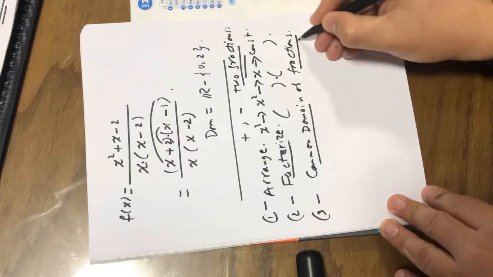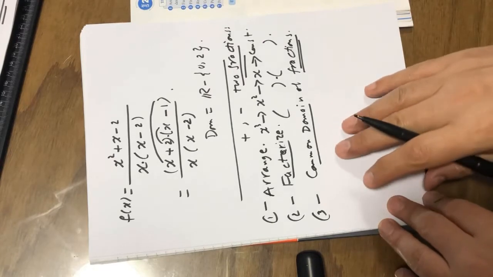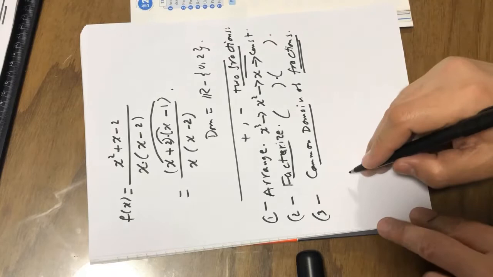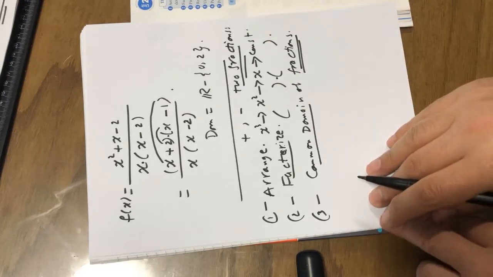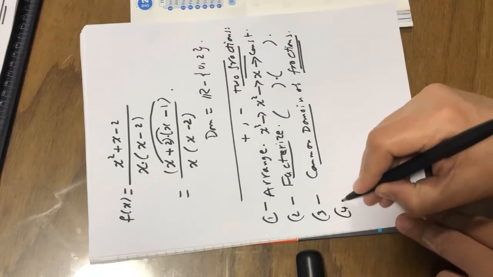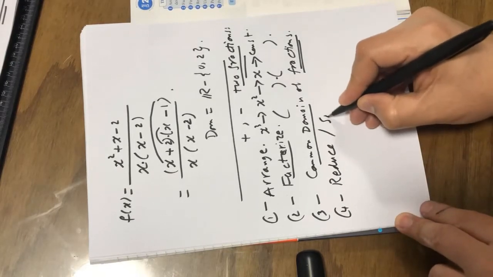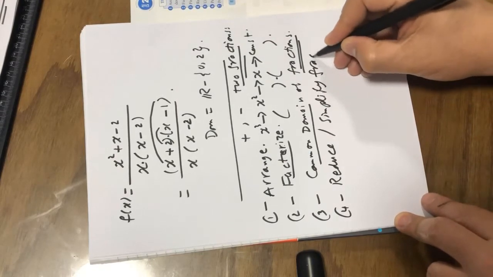We should write this down even if we are not asked to find it, because this is the domain of the addition and subtraction. Number 4, reduce or simplify fractions.